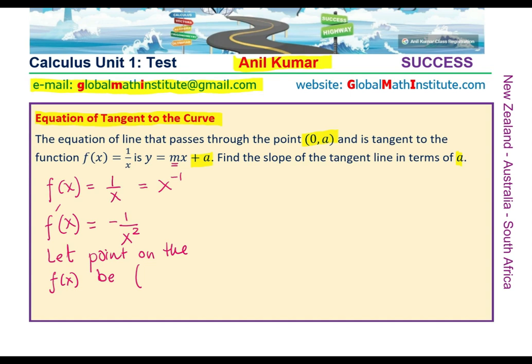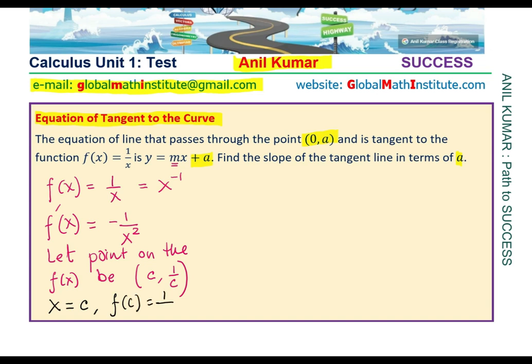Let's say that value is c, the x value, then the y value will be 1 over c, because the function is 1 over x. So think like this: if x equals c, then f of c is going to be 1 over c. Therefore, the coordinate point will be c, 1 over c. You get the whole idea, right? Great. So let's continue from here.